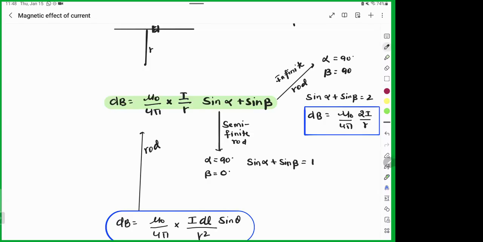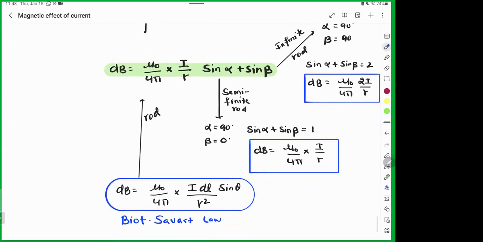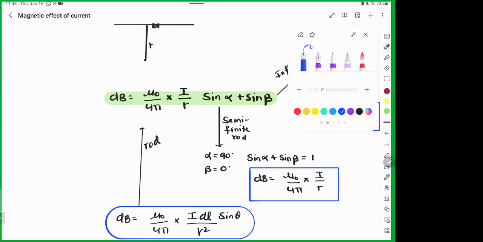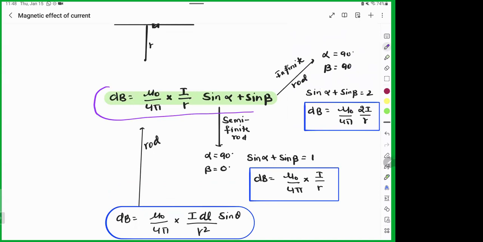If you calculate dB, it will be equal to mu naught upon 4 pi I, and this whole value is 1. Anybody have doubt in this? No. So these two are implementations of this formula, where you can derive this or you can derive that.